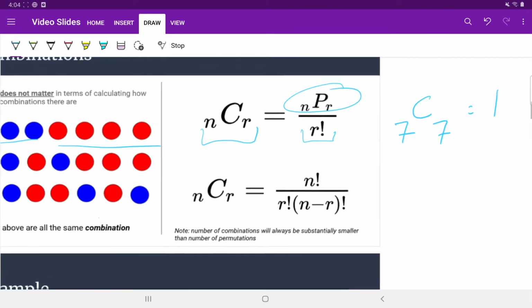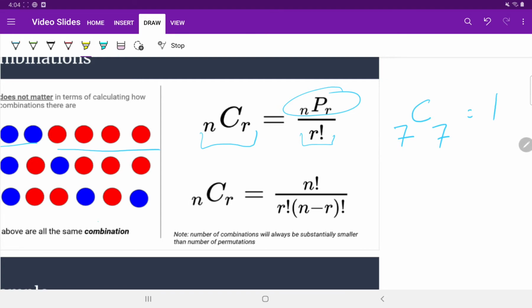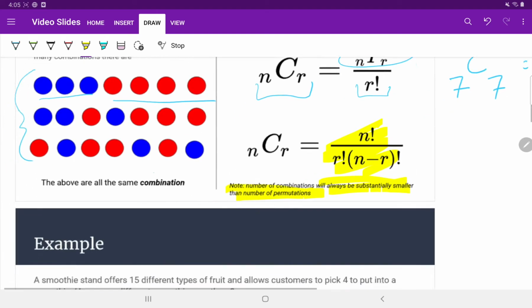So basically, when we're talking about combinations, we're always going to have substantially fewer than when we compare them to permutations of the exact same number. And in terms of what we do, we're just going to take our permutation formula and divide it by r factorial. And so you can simplify and get something like that out to make our math a little bit easier.